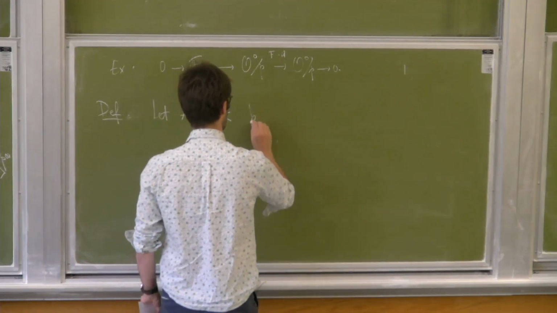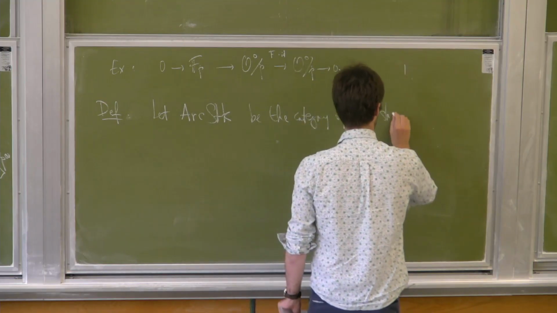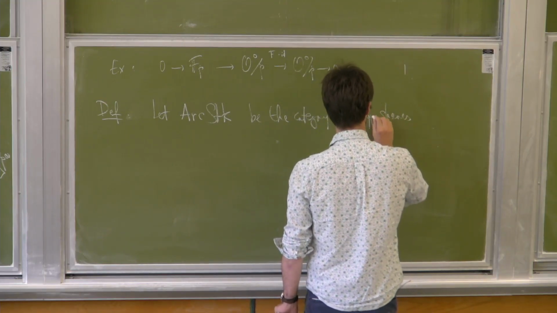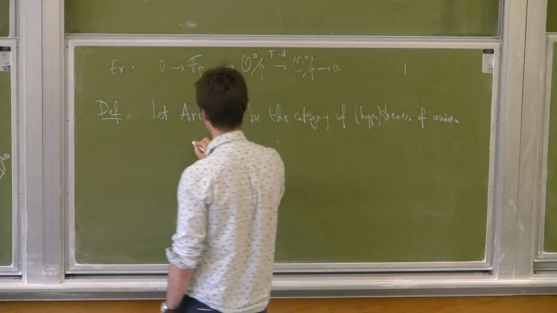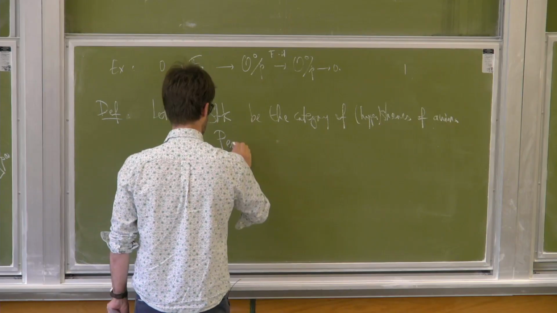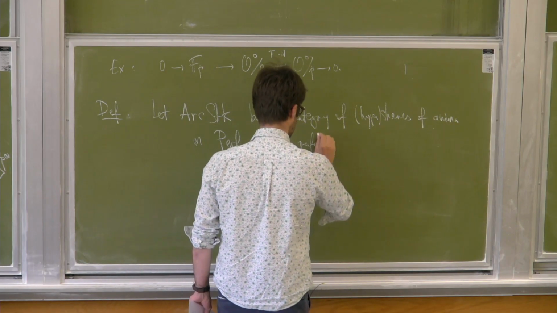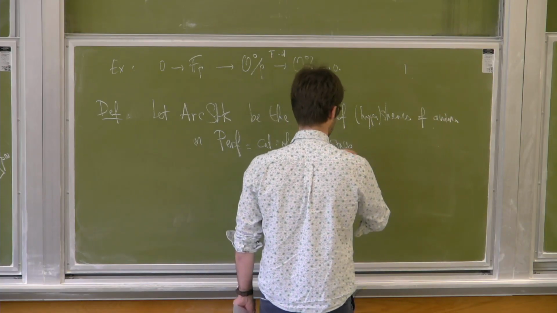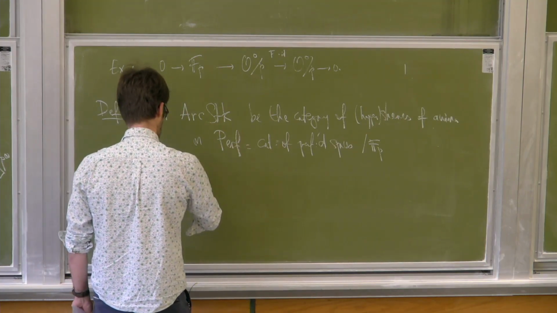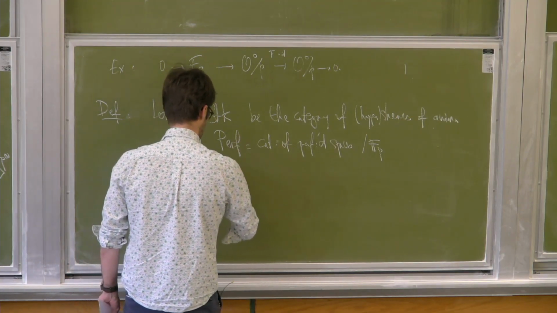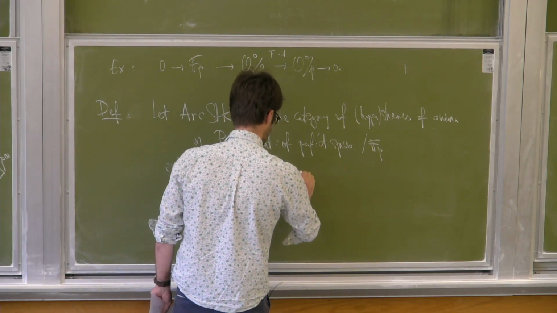Be the category of sheaves, or strictly speaking, it's really hypersheaves, so of anima on Perf, which is my notation for a category of perfectoid spaces in characteristic p, endowed with the arc topology.